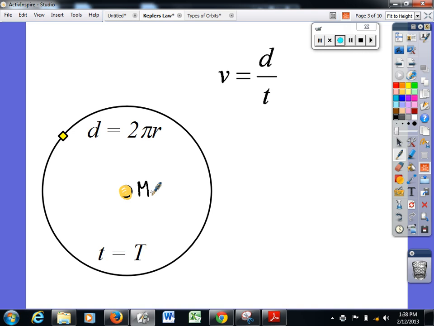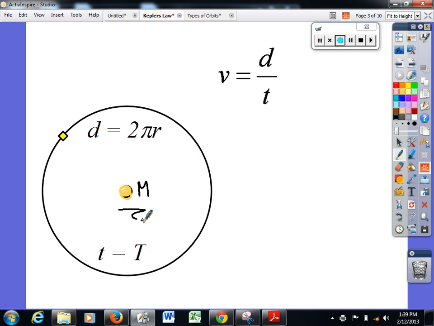For Io, which is going around Jupiter, the central object is Jupiter. Now, we have to realise that the central object is the most important thing in Kepler's law. The K value that we will derive is dependent upon what is the central object. So it will change if the central object changes.